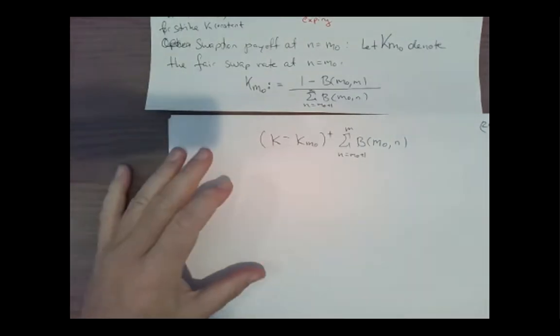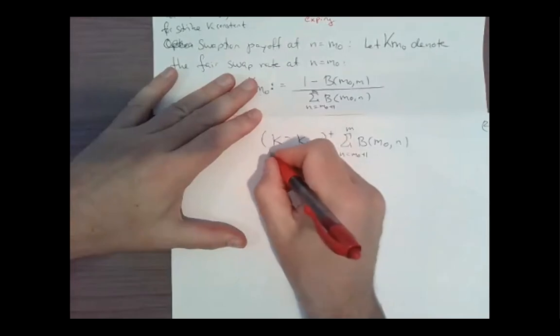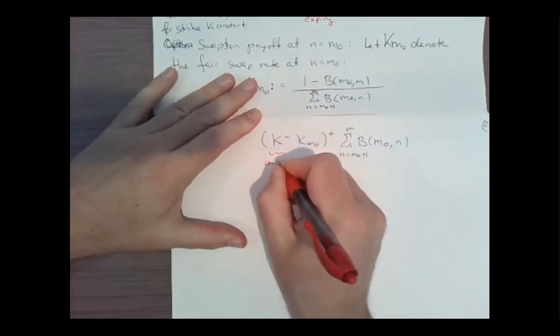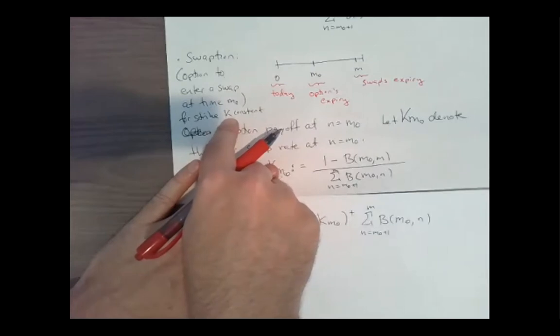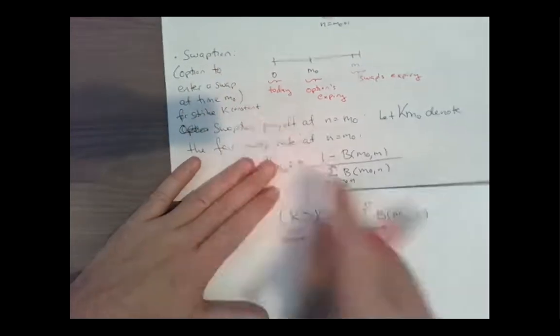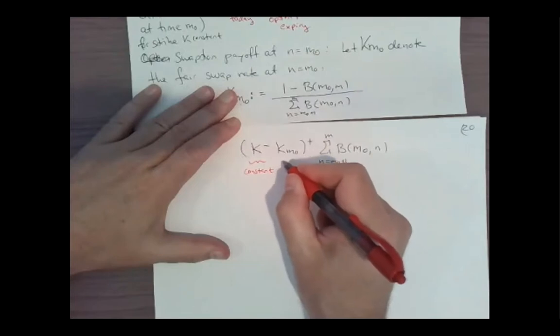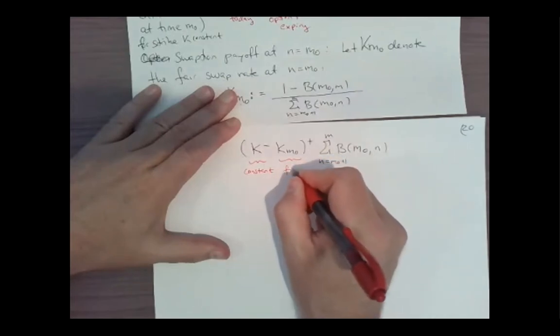Just to put some numbers on it, this one here is a constant. That's the strike within the swaption contract that you can exercise at. And this one here is stochastic.